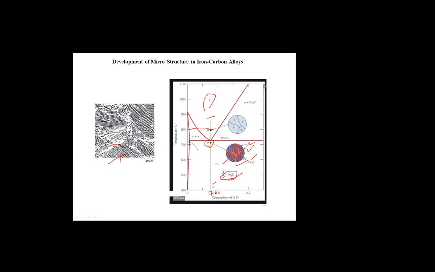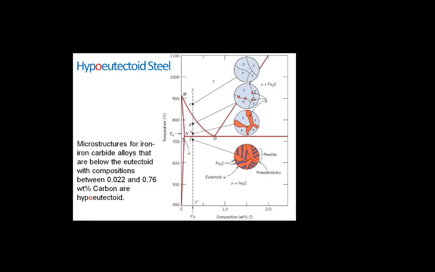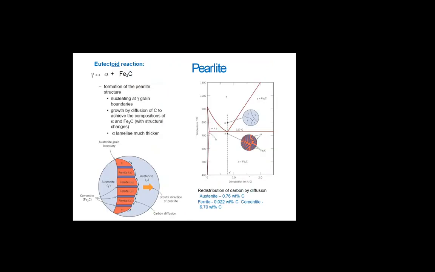The phase transformation requires a redistribution of the carbon by diffusion. The redistribution accompanies the microstructural changes of the eutectoid reaction, forming alpha ferrite and cementite.